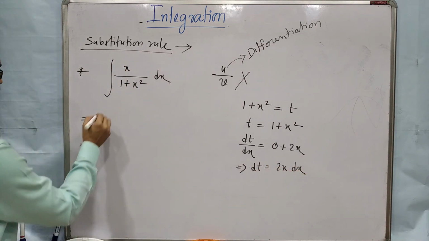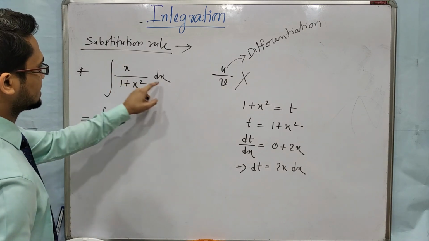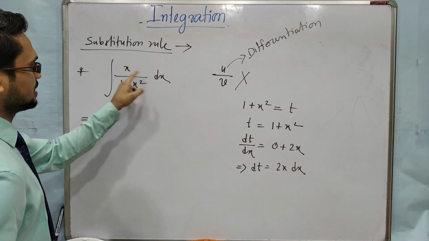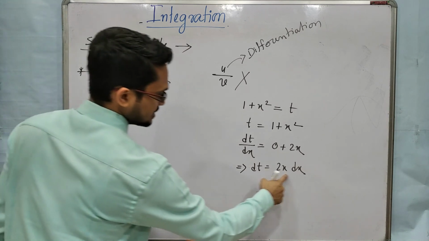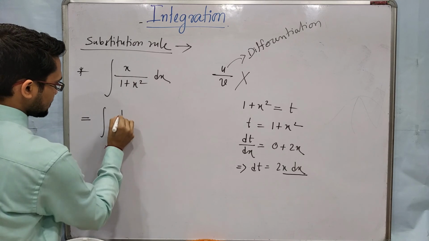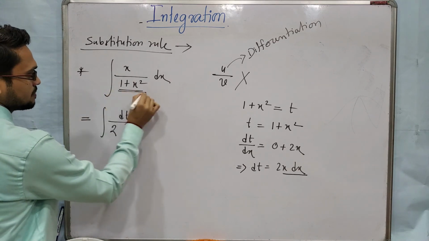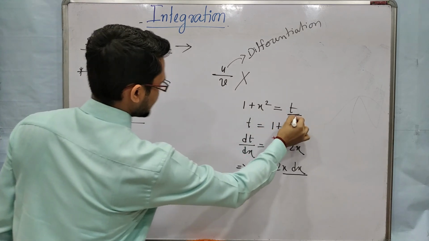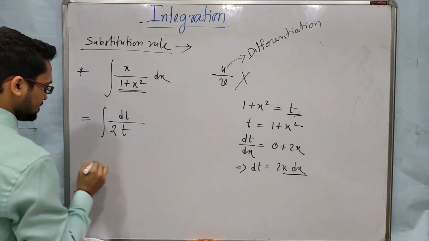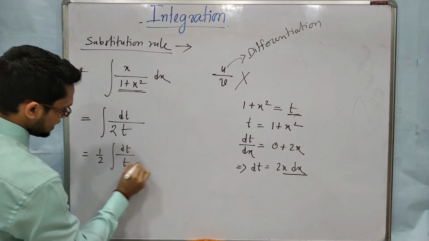Now come here. In place of x dx, which is in multiplication form, we will write dt by 2. So integration of dt by 2, then 1 plus x square, which we have taken as t. So half integration dt by t.